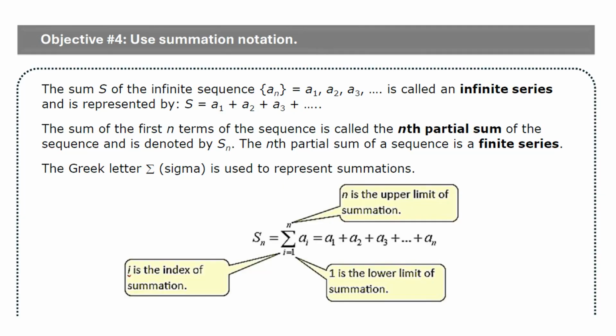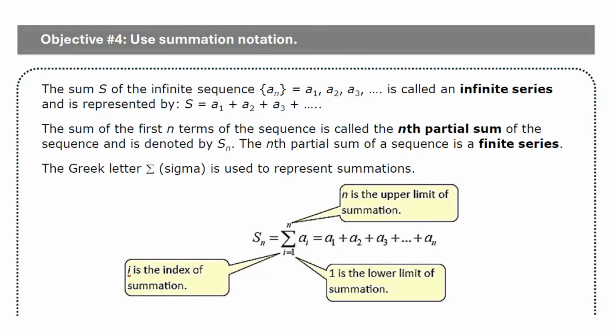Objective 4. Use summation notation. So the sum S of the infinite sequence a subscript n equals a subscript 1, a subscript 2, a subscript 3, and so on, is called an infinite series and is represented by S equaling a subscript 1 plus a subscript 2 plus a subscript 3, and so on.